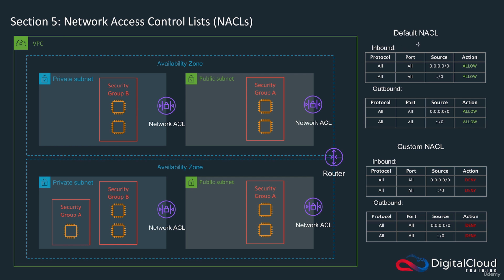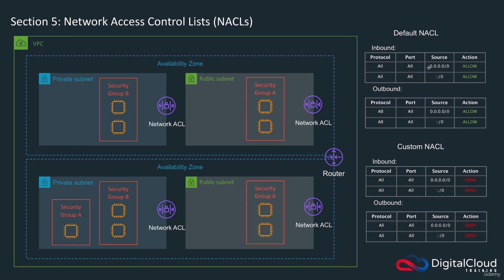Now, before we head over to the console, let's just have a look at the default network ACLs. So just as with security groups, your VPC will come with a default NACL, and you can then create custom NACLs. And the key difference is this. With a default NACL, there is an allow rule for any protocol from any source.